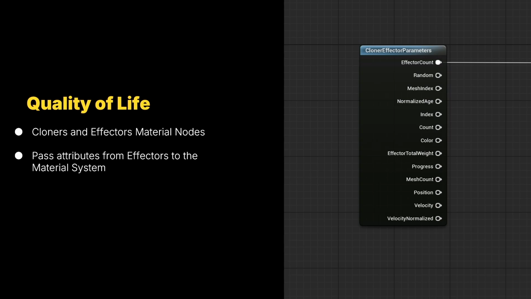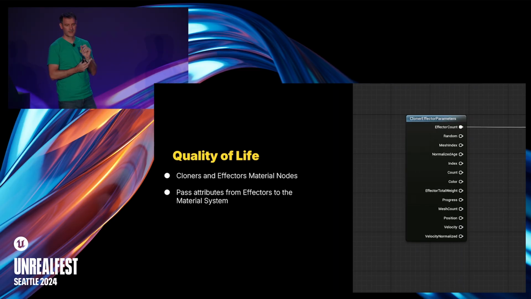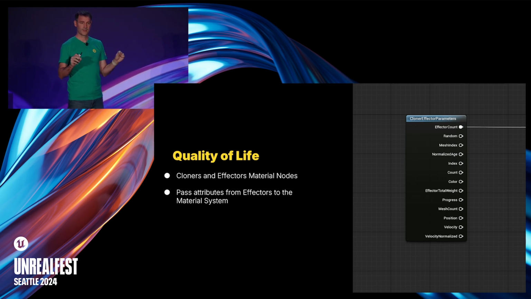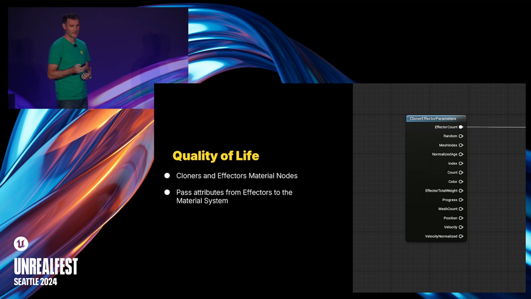As an effector, you can feed some of those and use them. The effects you saw earlier with the proximity effects, I'm using this system to colorize things. In the material designer, you saw those effects that we put. There's a new function in there called particle color, so you can hook it up and start to drive some of these properties.